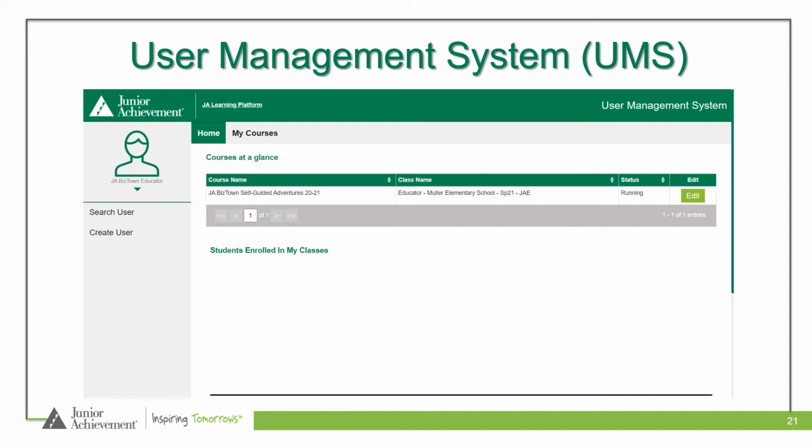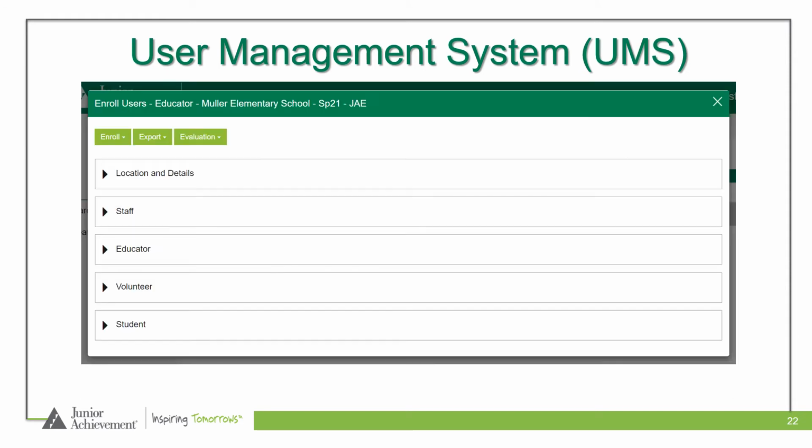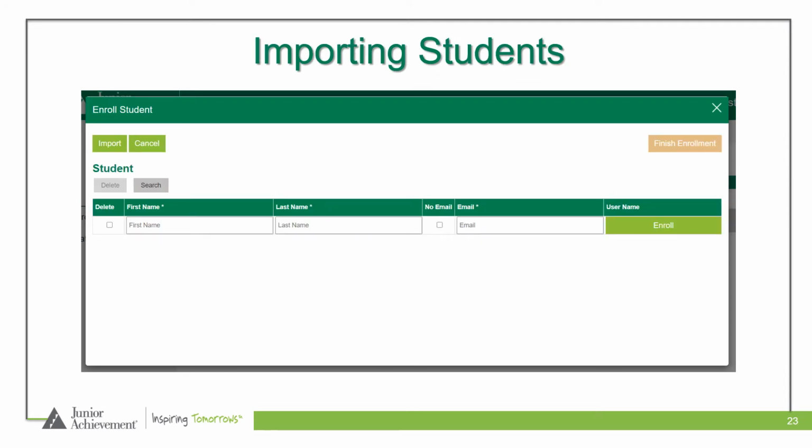When you are ready, you will first click the Edit button for your class. That will take you to the screen shown here. Select Enroll and choose Student. From there, you will click Import and choose the Excel file you created earlier with the students' first and last names and email addresses. Once uploaded, be sure to click Finish Enrollment.